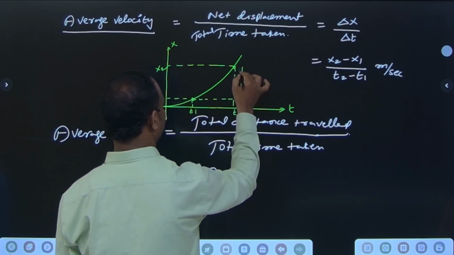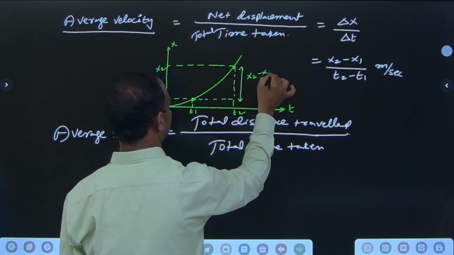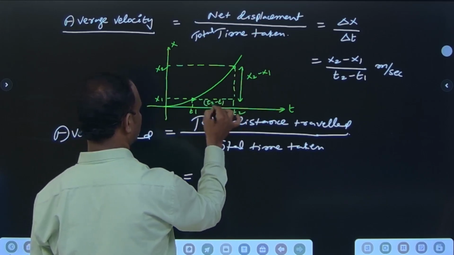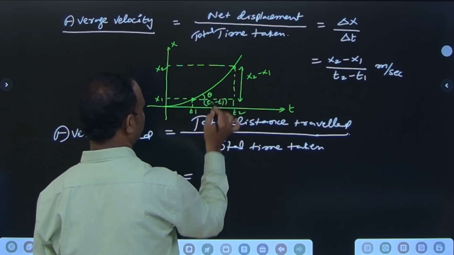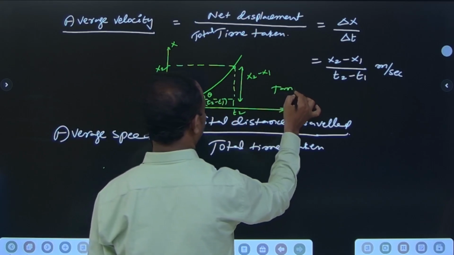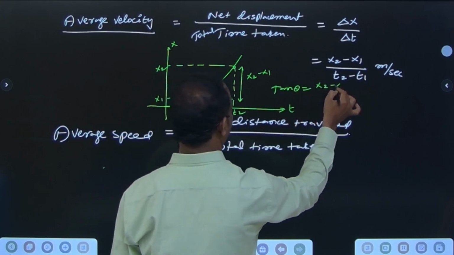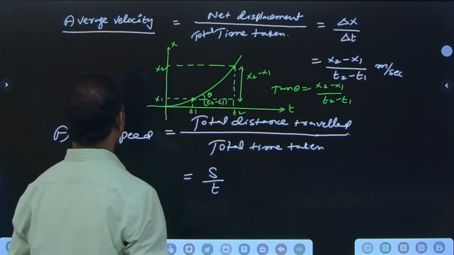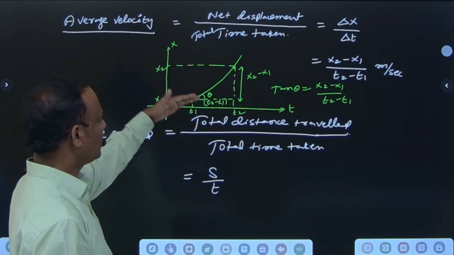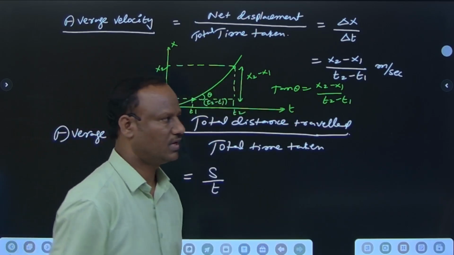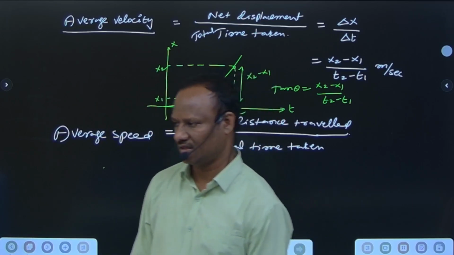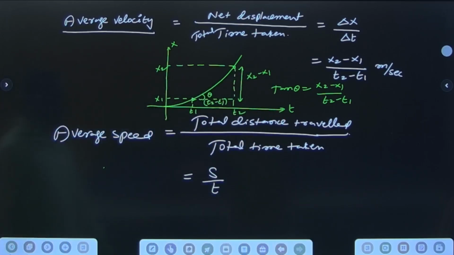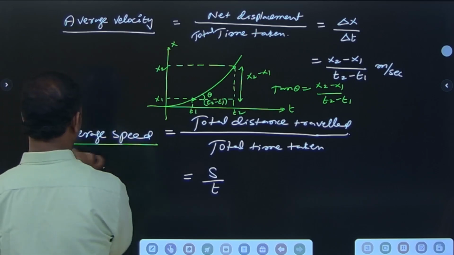The length is x2 minus x1, and the base is t2 minus t1. It makes an angle theta. Tan theta is equal to x2 minus x1 by t2 minus t1. The slope is velocity, which gives the average velocity.